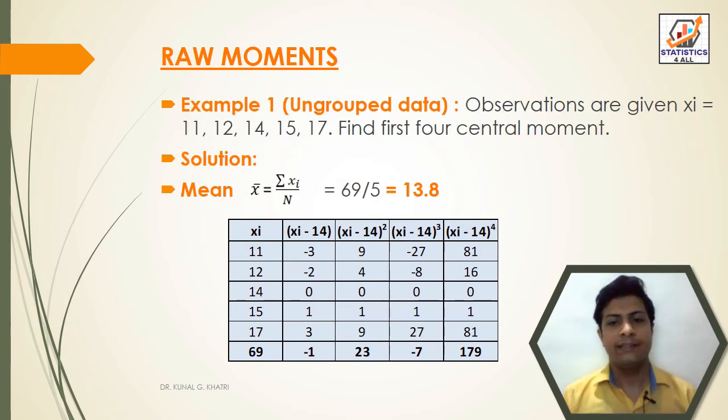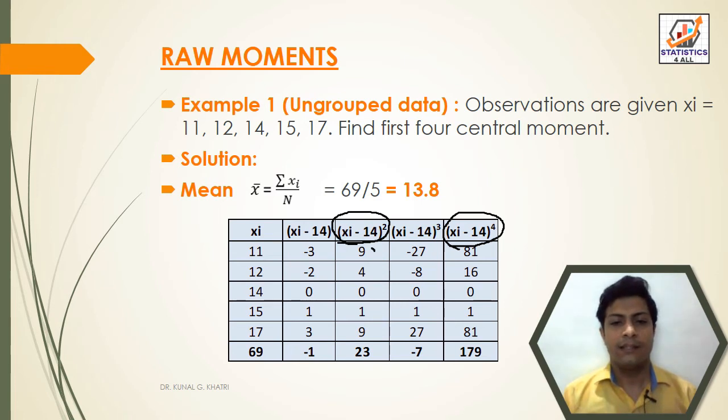After finding the third raw moment, we find the fourth raw moment. For that, we have to find first (xi minus 14) raised to power 4. So for this, we have to multiply (xi minus 14) whole square into (xi minus 14) whole square.